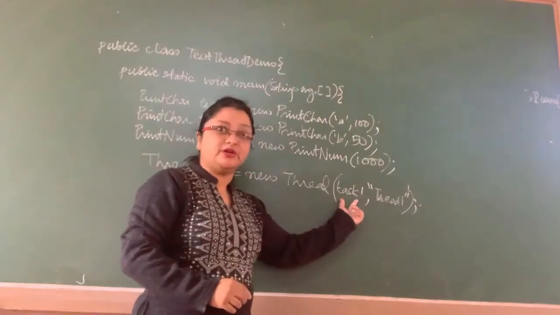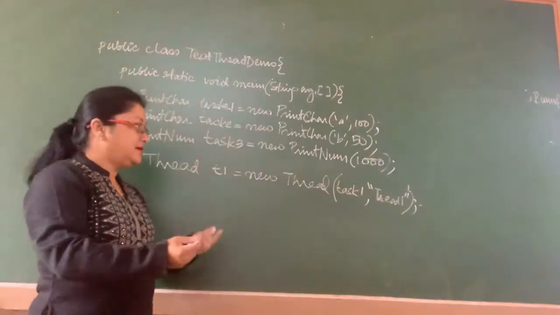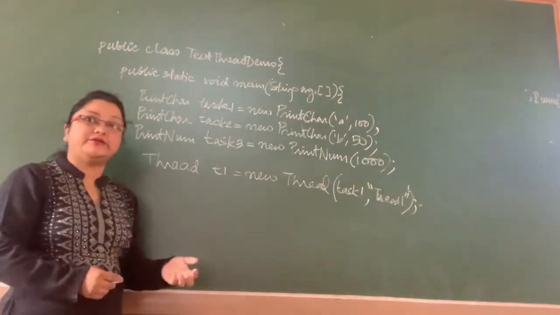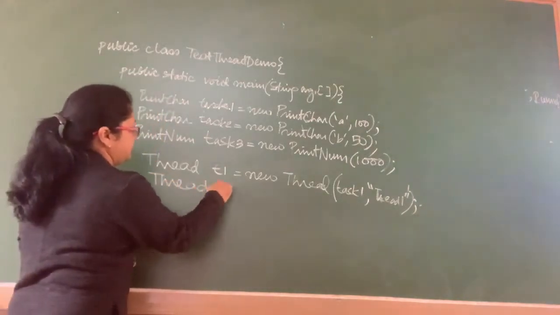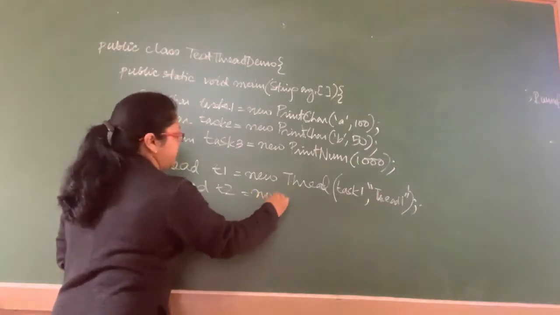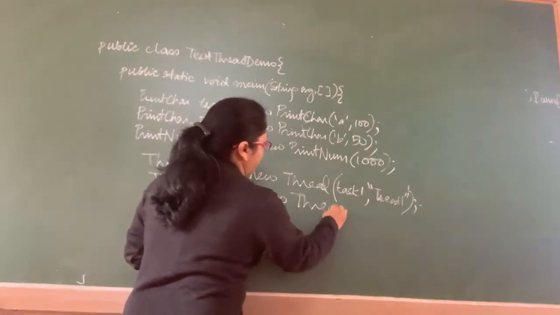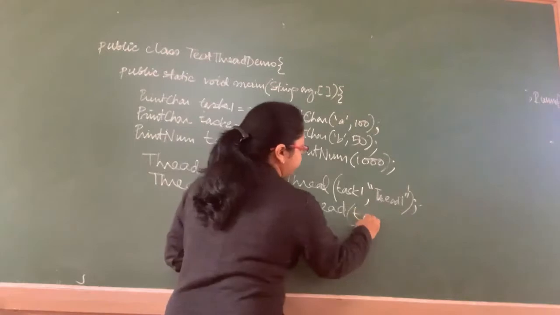So, association of the task with the thread. In the same way, I have 3 tasks, so I'll need 3 threads. Thread T2 is a new thread, I assign task 2 to it.